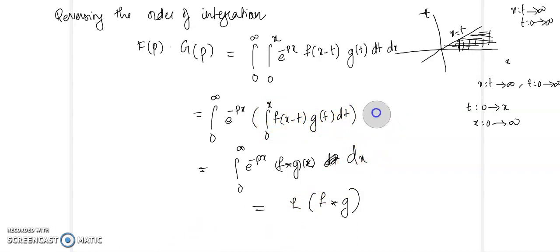So this is dx. And now this integral denotes a convolution integral. So this is f star g of x dx.